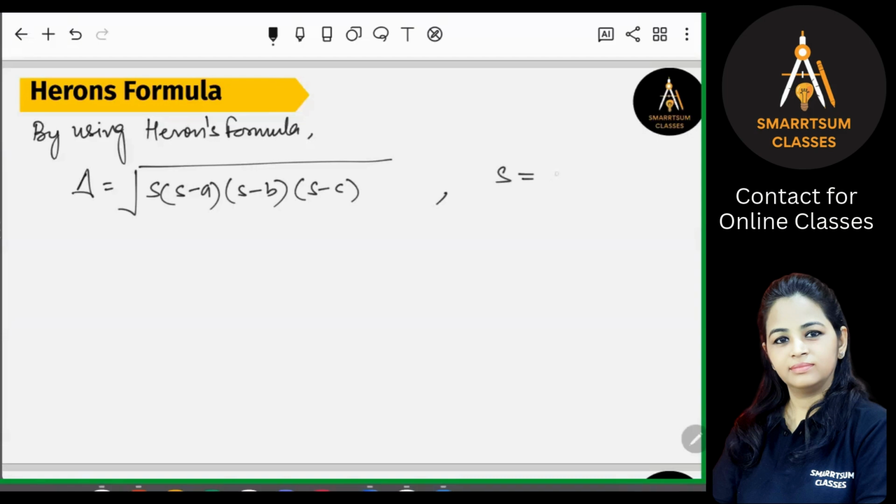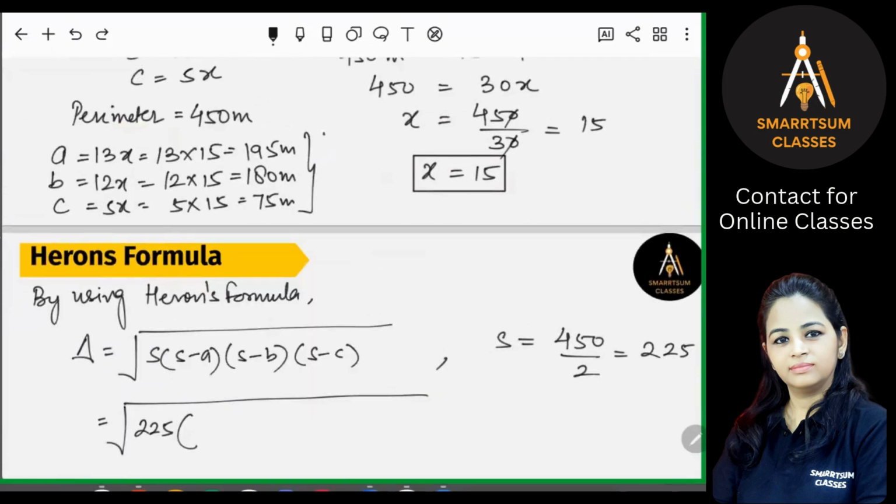Perimeter is 450, already given in the question, so S is 225. Now we will put each value within the formula. So S is 225 into S minus A. What is our A? A is 195.